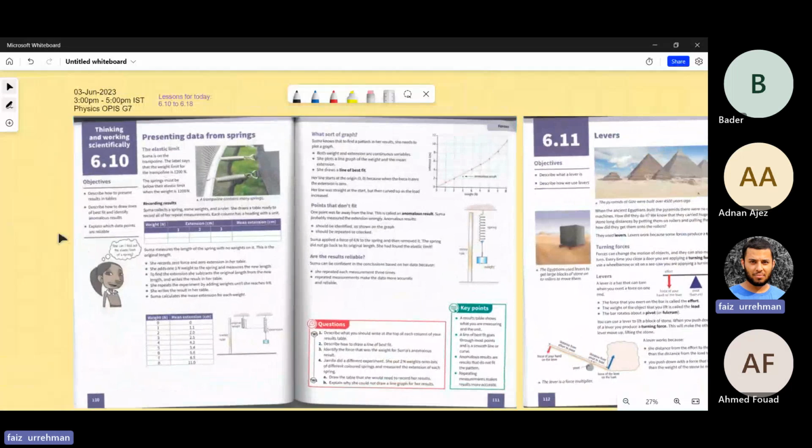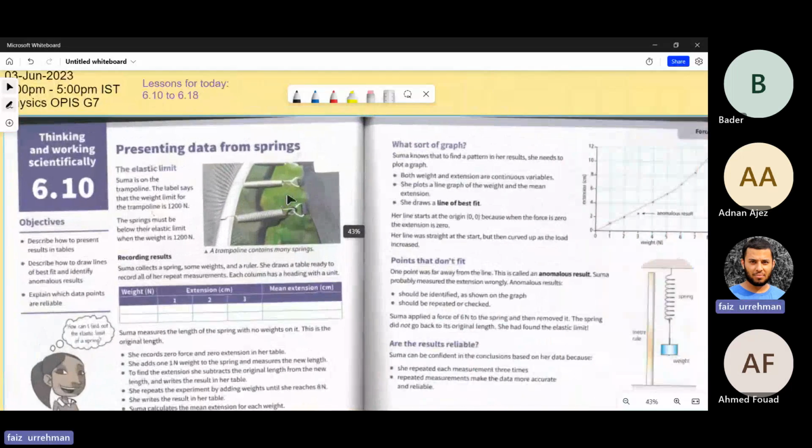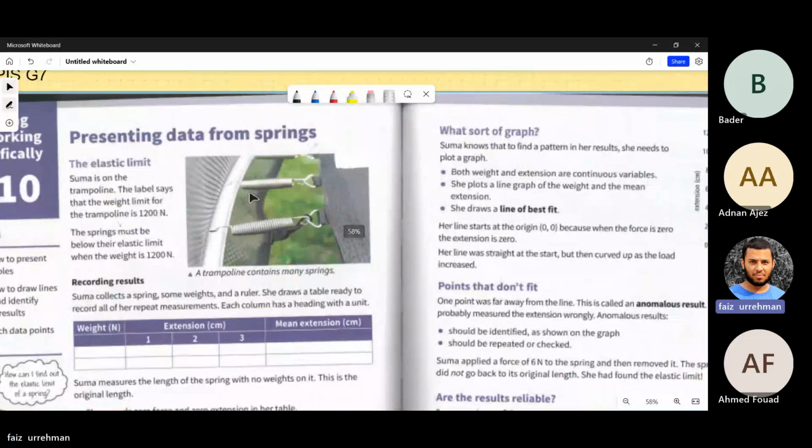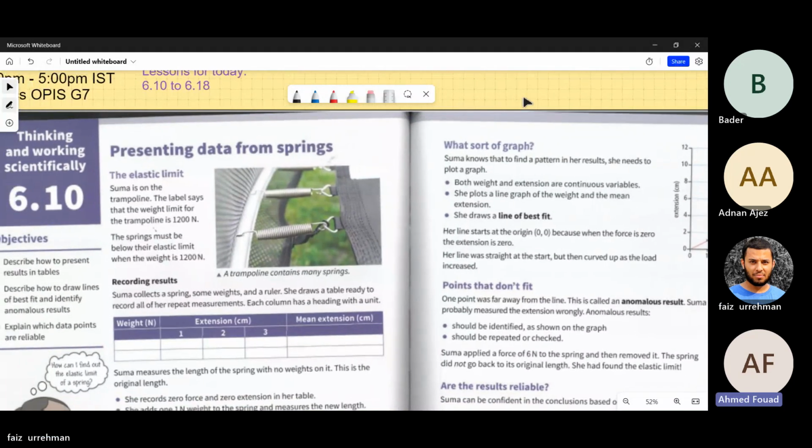In real life, you must have seen springs in so many places, like in trampolines. Also, in cars there are springs. How do they work? Like, how does the oil not make it go to the elastic limit?